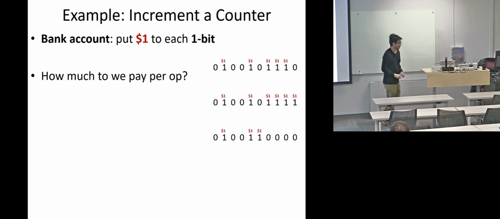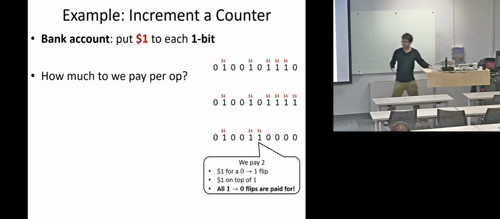Not quite. I claim that I still pay 2. Why is that? Because you're using the $1 you already put on the ones to pay for the flip. Exactly. I still need to deposit just $2 to the bank, because here I need to flip this one.